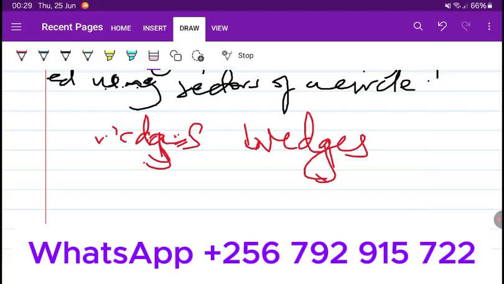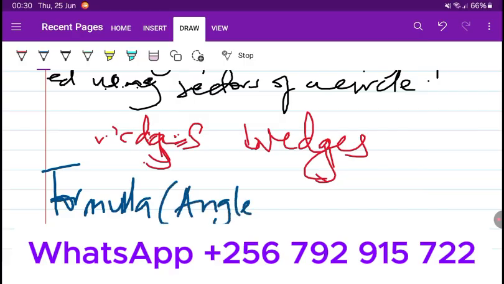So we have a formula for getting those angles. This formula helps us to determine the angle of each sector.